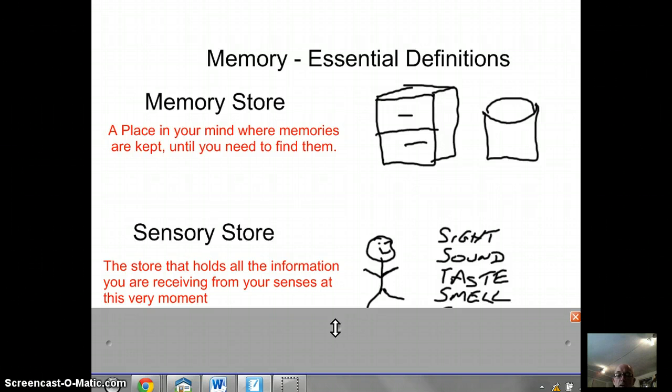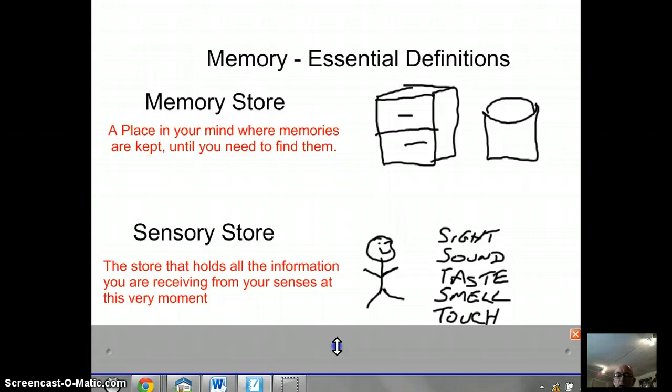So if you think now what you might be tasting in your mouth, what you can smell, the sounds and the words coming from around you, the sights that are around you, everything from all of those is held in your sensory store. Quite amazing when you think about it. Just think of actually how much information is all present at any one moment in our memory store there.